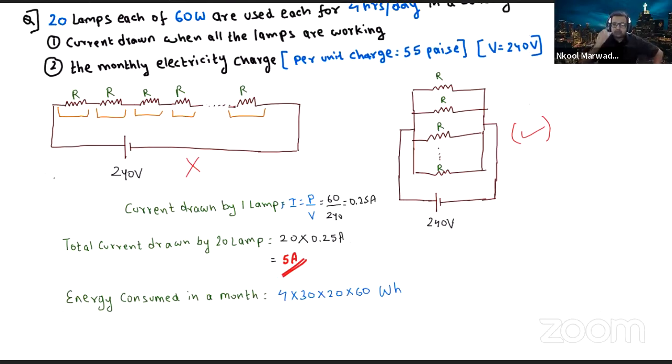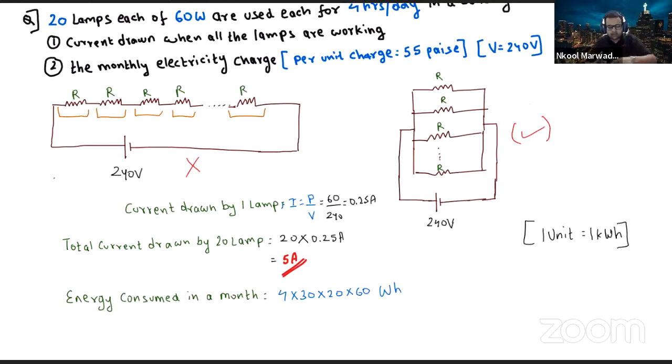Like here, one thing which I should know is that 1 unit is equal to 1 kilowatt hour. I will write it. One basic thing I am telling you, 1 unit is equal to 1 kilowatt hour. Based on that, I can solve. Convert it to kilowatt hour, I will get the number of units, and I will multiply it by the paisa.